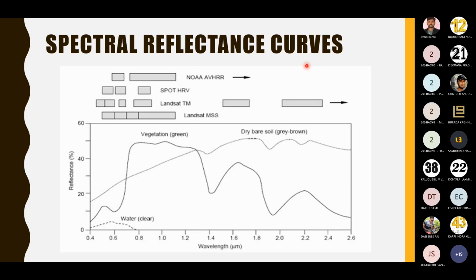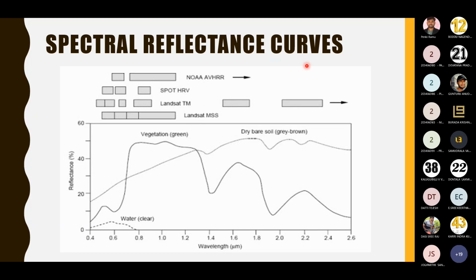These curves are just like signatures. Like our signatures are different, these signatures are also different for different objects. With the help of spectral reflectance curves, it is possible for us to differentiate between different objects.